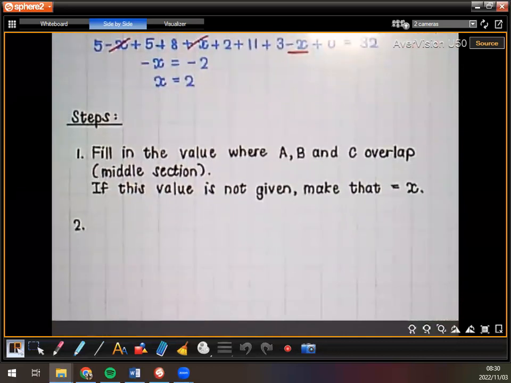Okay, second step is going to be to fill in the values where 2 of the 3 overlap.